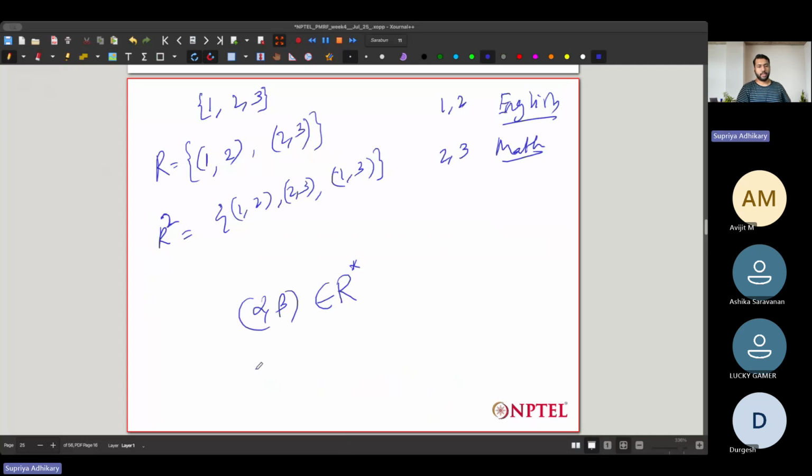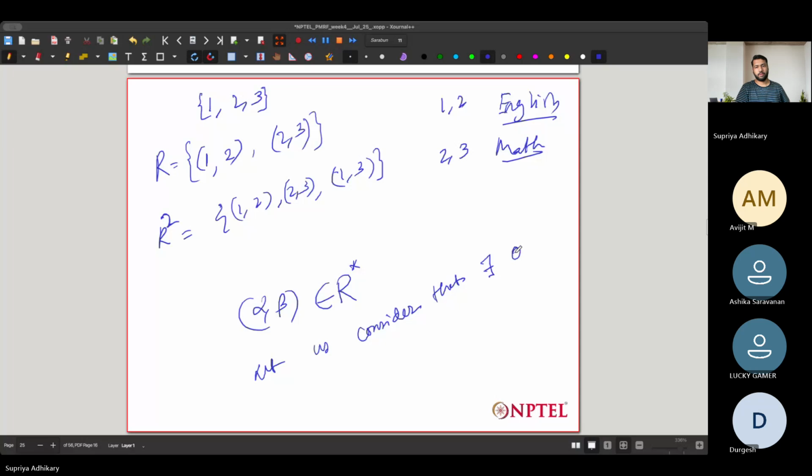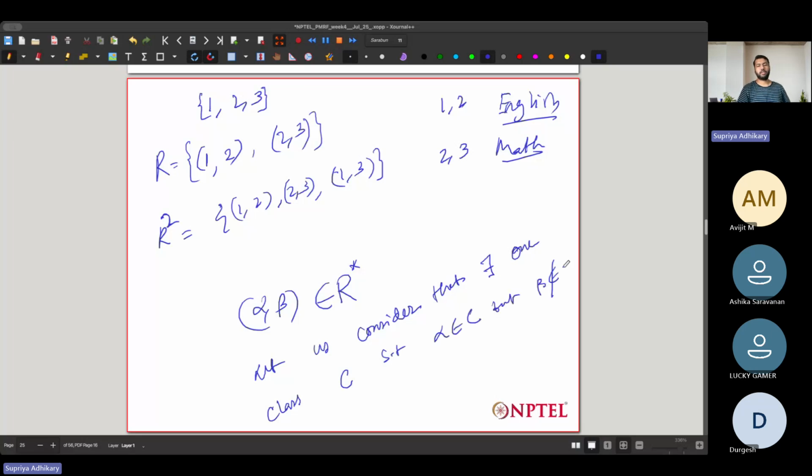Let us consider that there exists one class C such that alpha belongs to that class, but beta does not belong to that class.